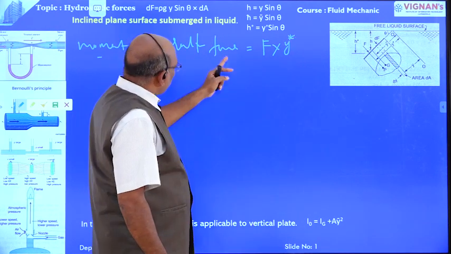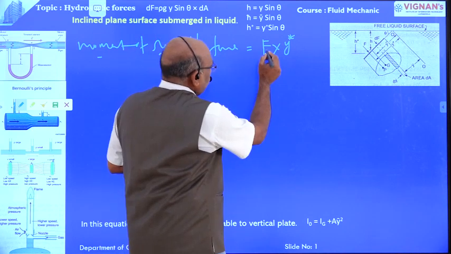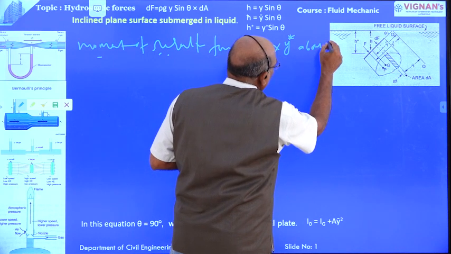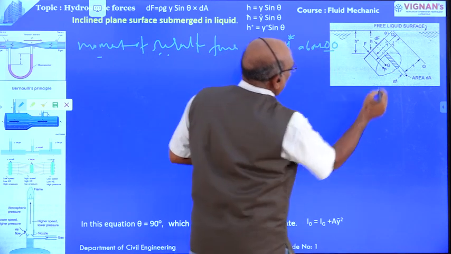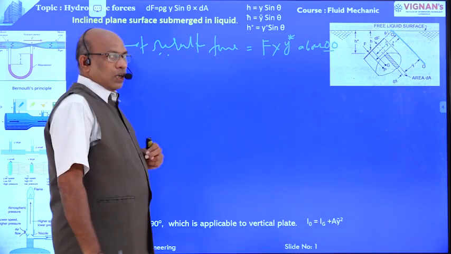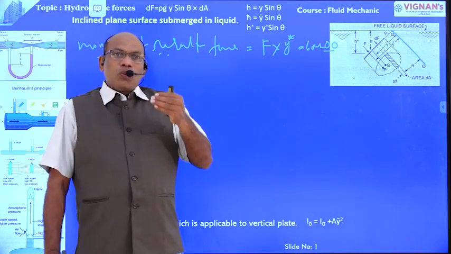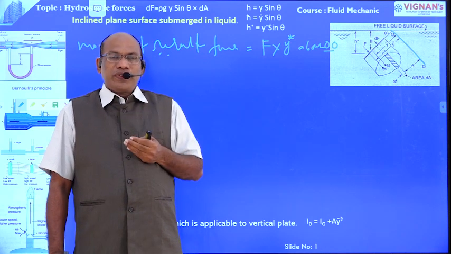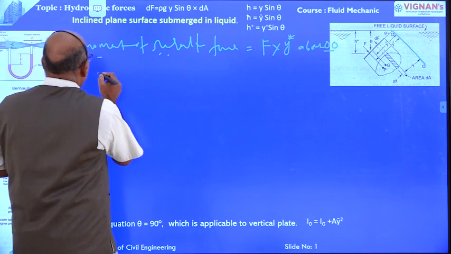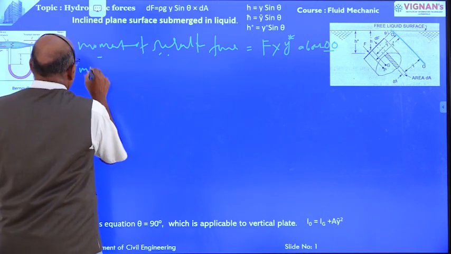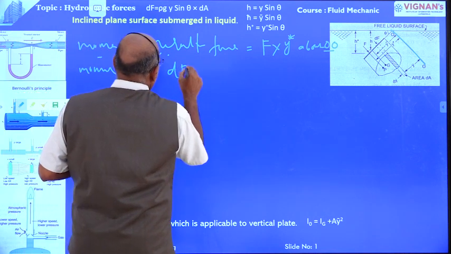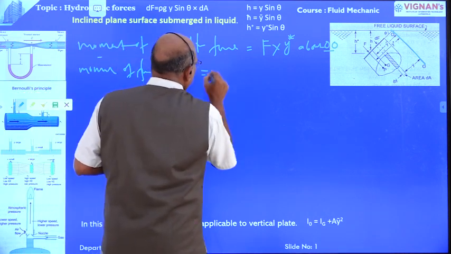Moment of resultant force F into y star, this is about the axis OO. Now, the moment of force dF acting on the strip is equal to force into distance.